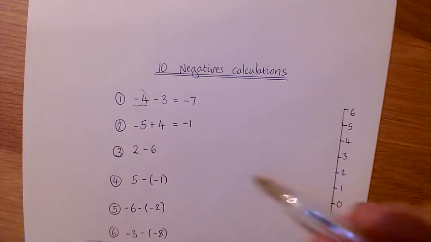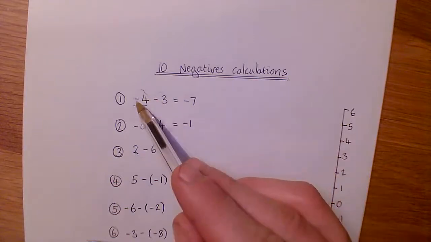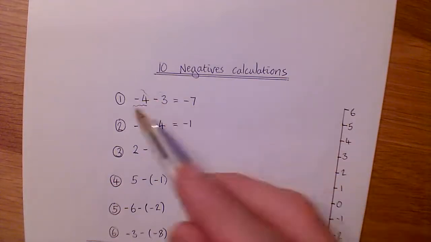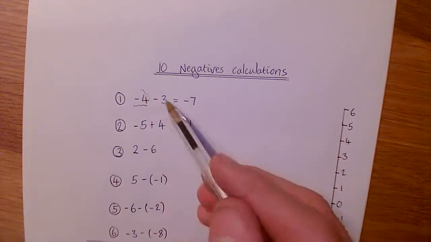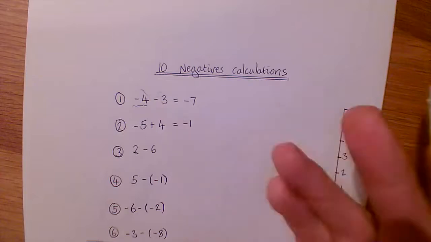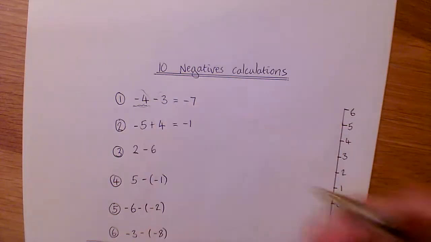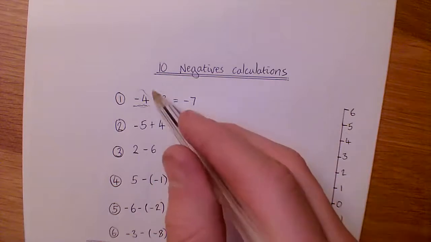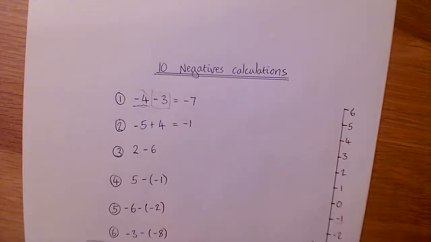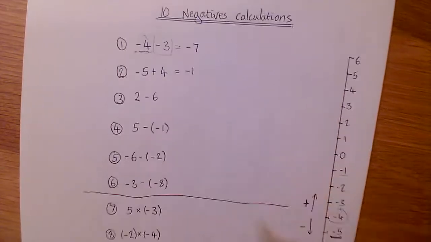That doesn't apply in this situation. The 2 negatives are referring to different things. This negative is telling us where to start, and this negative is telling us what we're doing in our calculation. So always think of your first number as your starting point, and then your second part of your calculation is what you're doing to it.